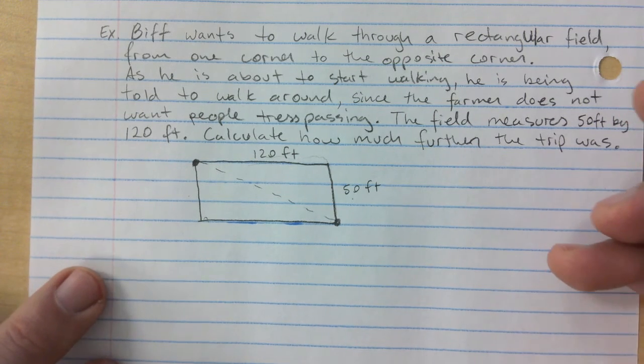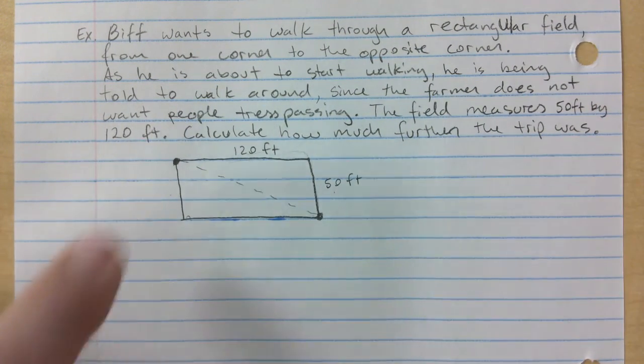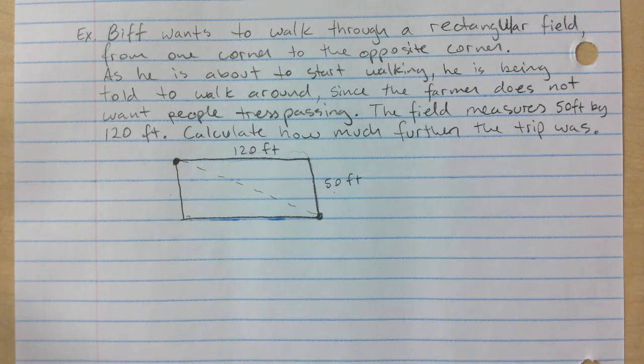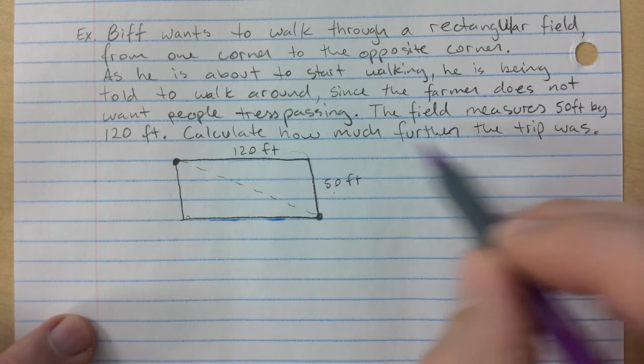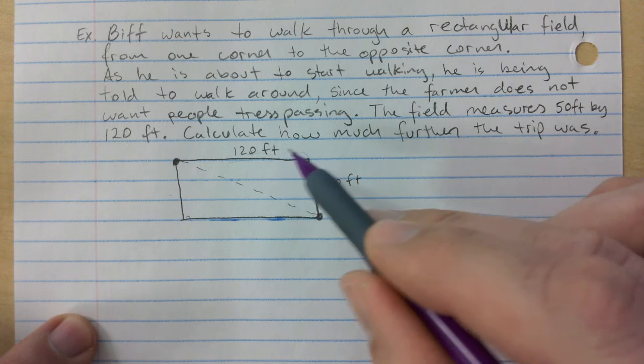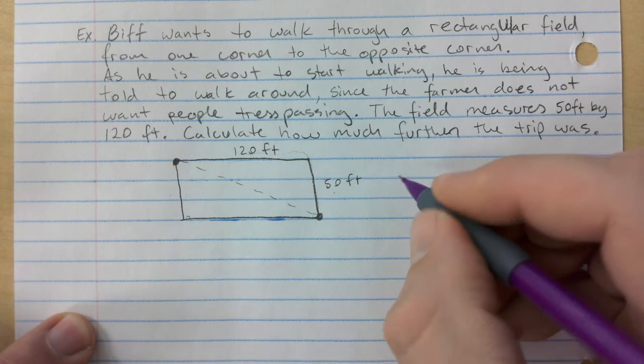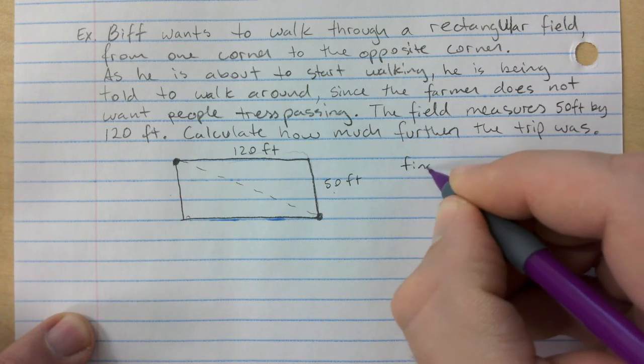Now, I'm pretty sure most of you are looking at this like, I know that this is the shortest distance, right? I hope you know that cutting right across is the shortest distance. But we're going to have to see how much more he walked going around. So the first step we need to do is find the hypotenuse.